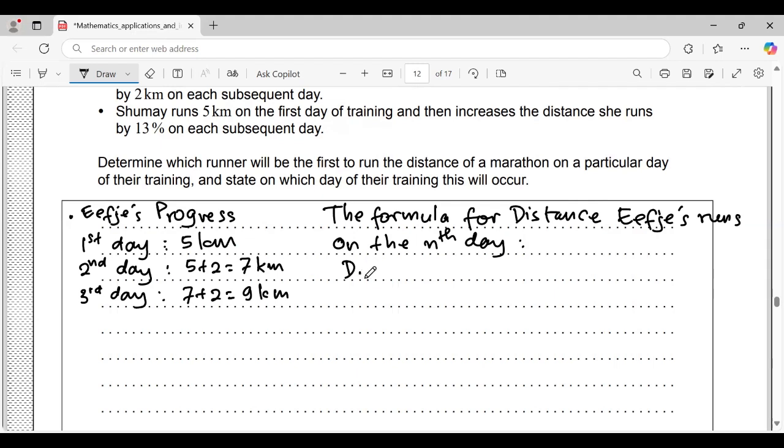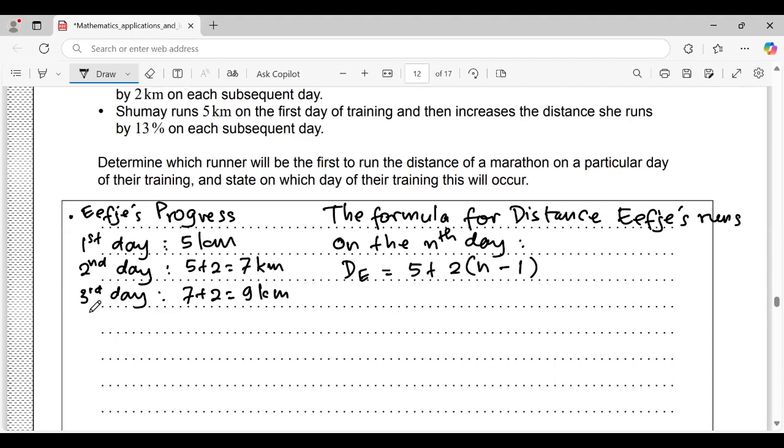I'm going to use the term D, distance of FE, equal to 5 plus 2, because the difference is 2 every day, it increases by 2, n minus 1, sorry, according to arithmetic progression. Okay, n minus 1. Right.